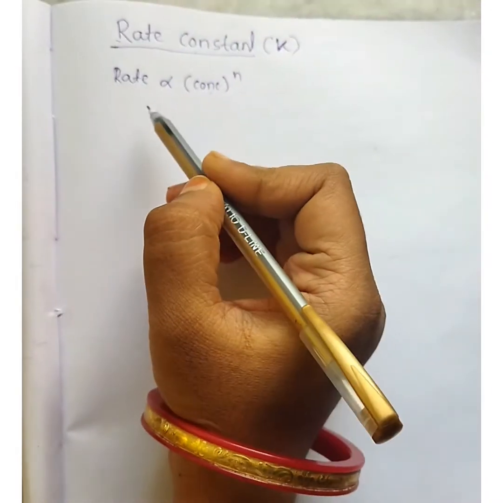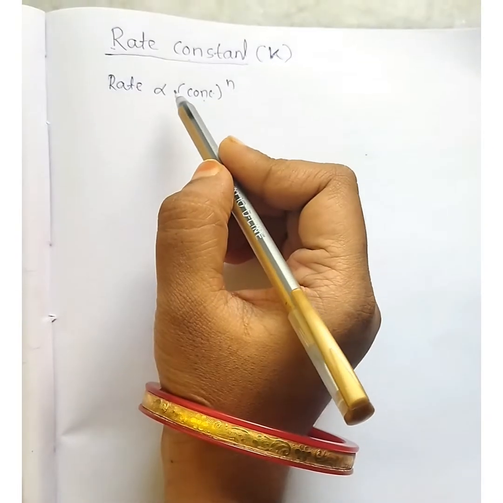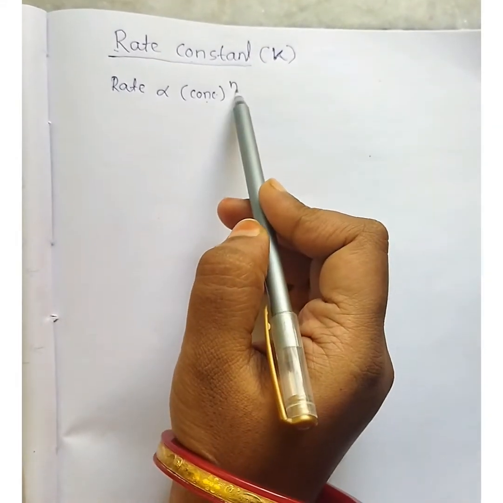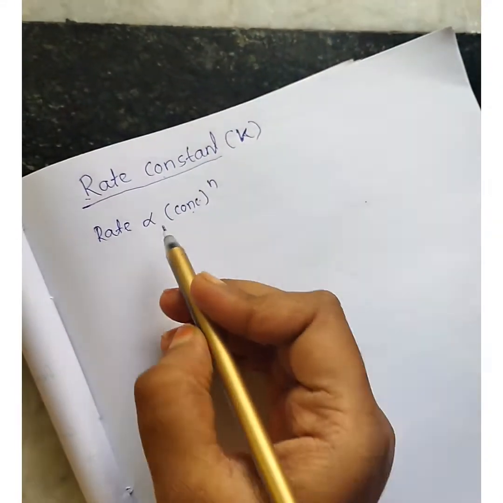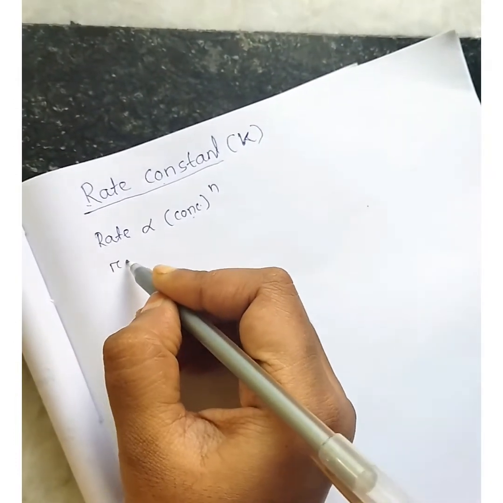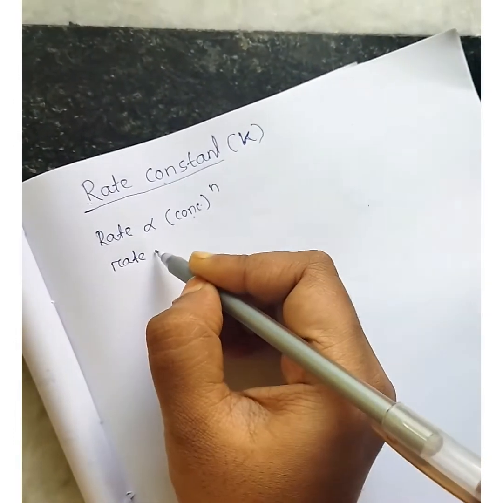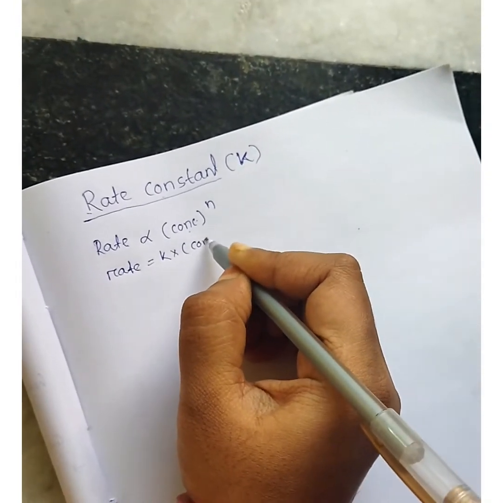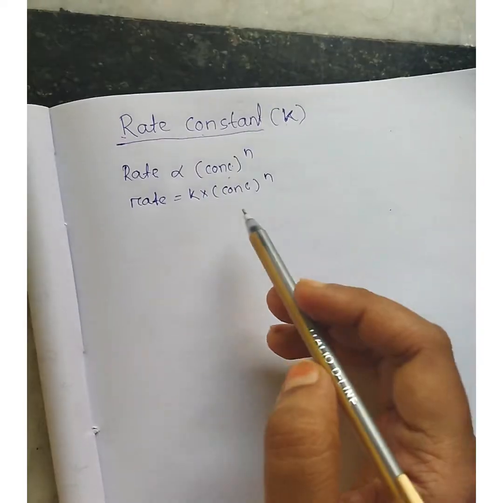We know that rate is directly proportional to the concentration to the power n, where n is the order of the reaction. Then rate is equal to K into concentration to the power n.